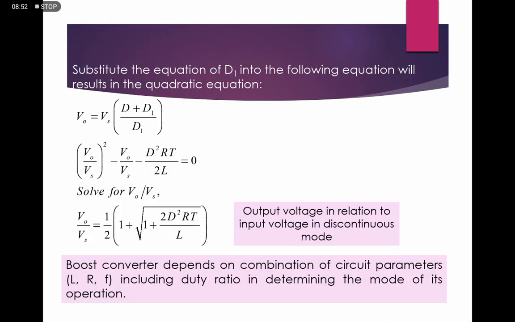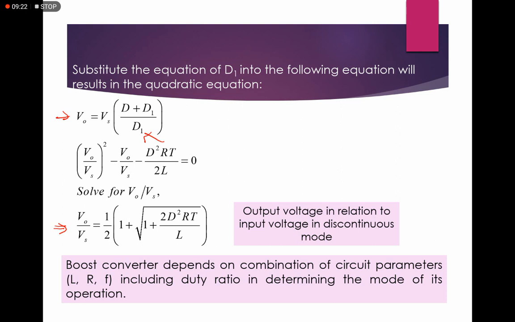Now, if you don't have enough information to find the output voltage in DCM, there is another way to solve for the output voltage, which is by using this equation over here. Based on the equation here, you substitute D1 with the previous equation that we did just now.